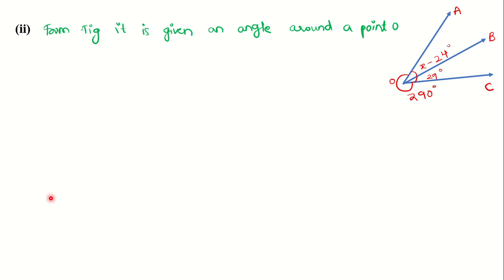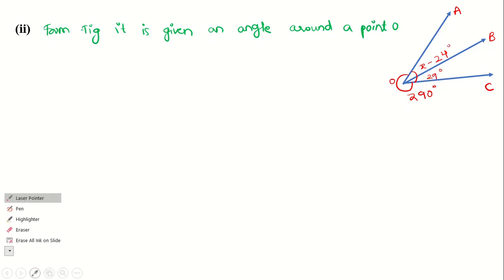As you can see here, in this figure, this is point O, and at this point O, we have an angle which is 296 degrees. Sorry, this is 296 degrees, and we have two angles, that is angle AOB and angle BOC. Angle AOB is x minus 24 degrees and angle BOC is 29 degrees.